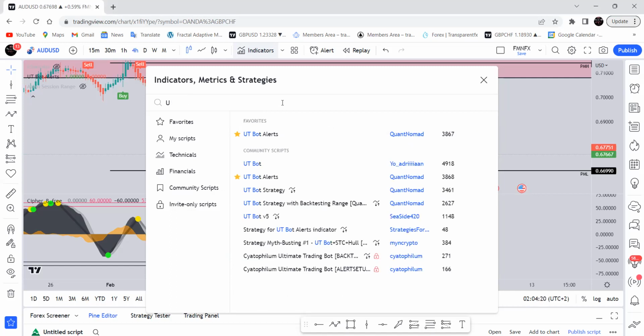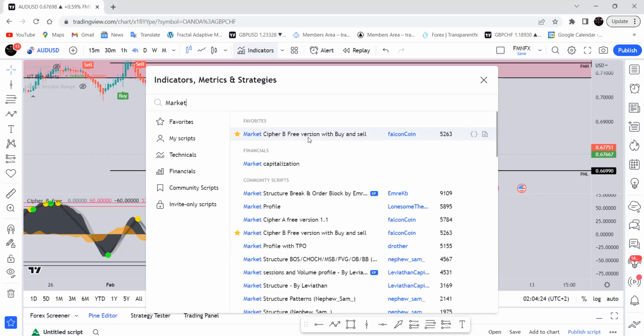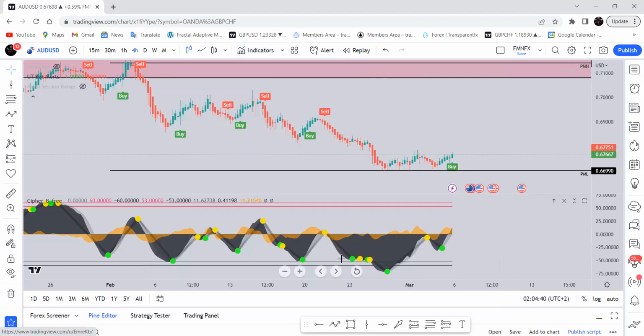Then the Market Cipher B free version with buy sell by Falcon Coin. That's what I've been using. He has a paid version, I guess, but I haven't messed with it. Been using that.